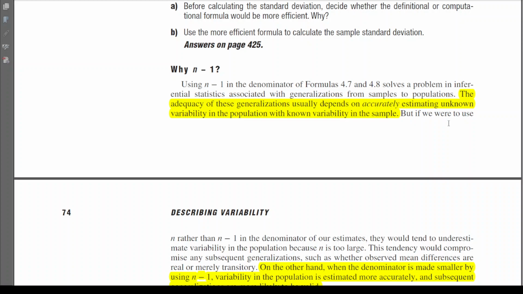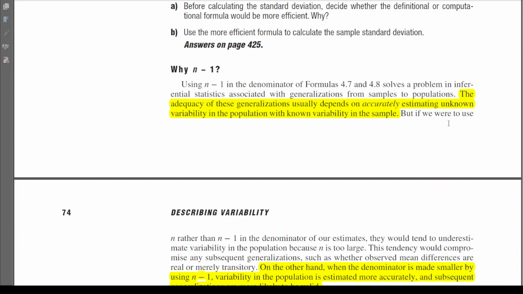The adequacy of these generalizations usually depends on accurately estimating unknown variability in the population with known variability in the sample. In the first example that we worked out in this chapter, we saw that measuring the variability is very important if we are trying to infer something from the sample.